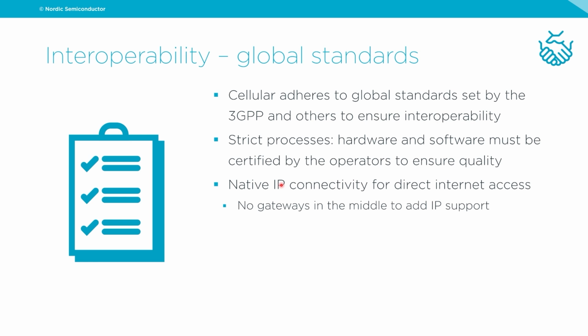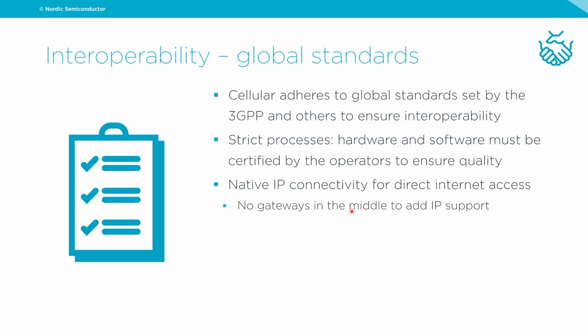Another thing that is really important is that with Cellular IoT, you have native IP connectivity. So you'll have direct access to the internet without any kind of bridges or gateways, which can introduce security issues, because if your data goes through a gateway that you don't have control over, there's always a risk of eavesdropping on your data.